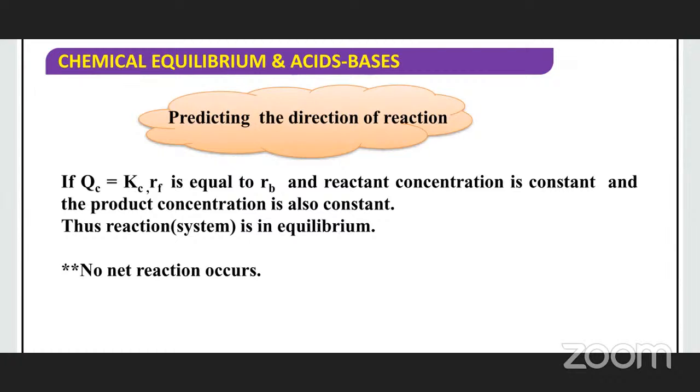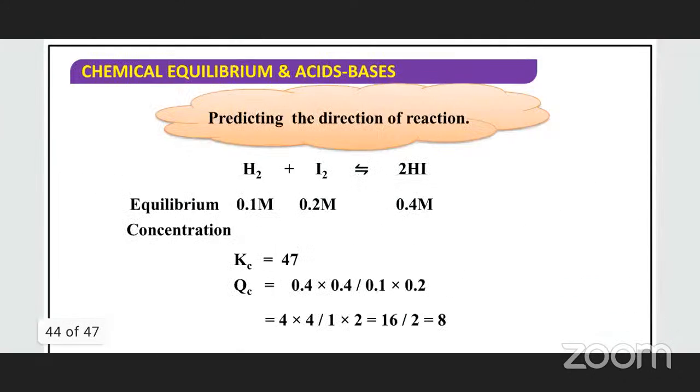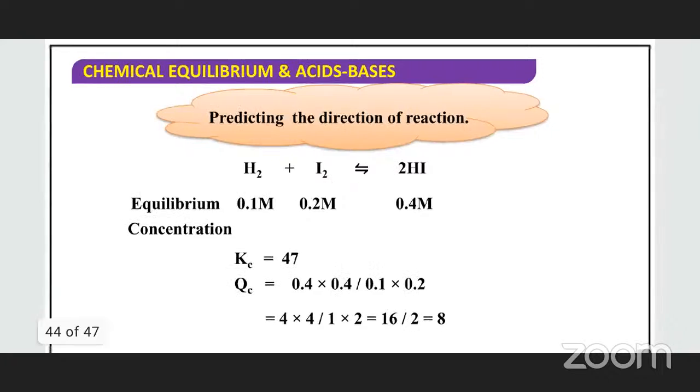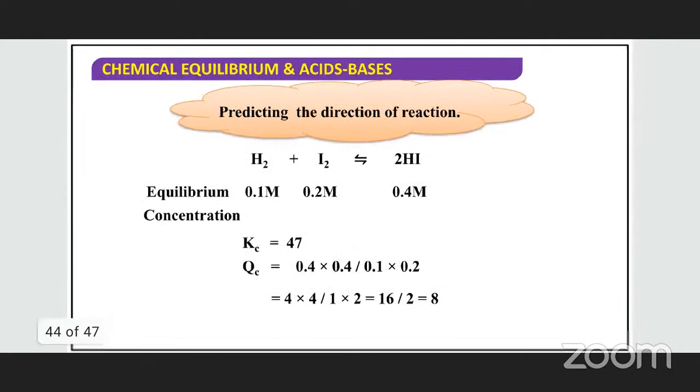No net reaction occurs. For example, H2 plus I2 gives 2HI. Concentrations are 0.1 M and 0.2 M for the reactants and 0.4 M for the product. Kc is equal to 47. Qc is equal to the molar concentration of product by the molar concentration of reactant: 0.4 into 0.4 by 0.1 into 0.2, that is 16 by 2, so Qc is equal to 8.